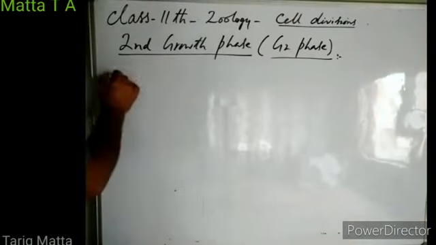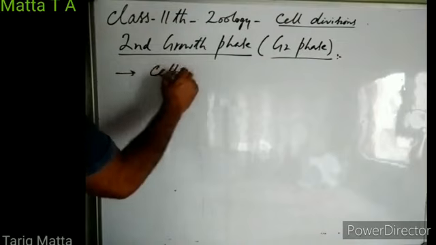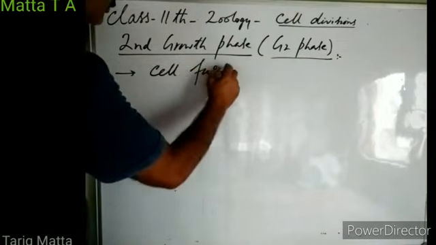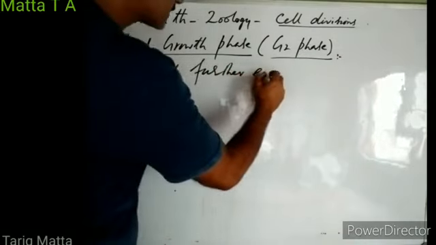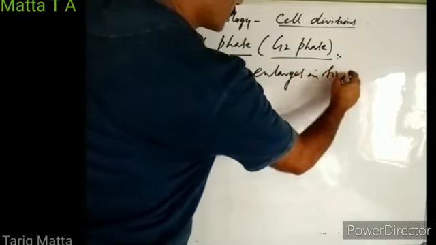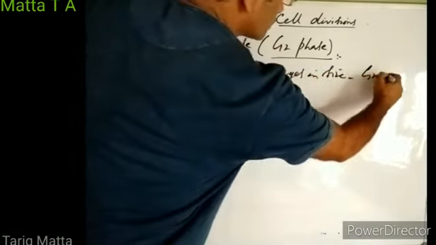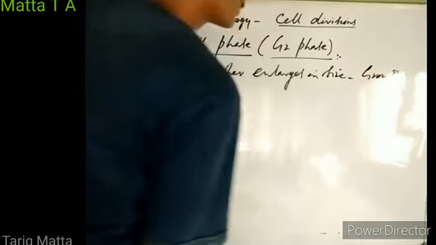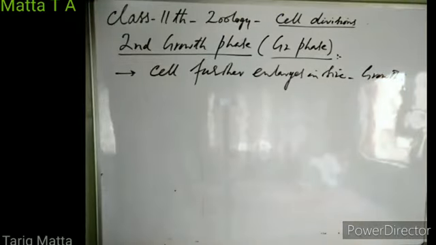The cell further enlarges in size. So the cell shows further growth. That is why we call it the second growth phase.